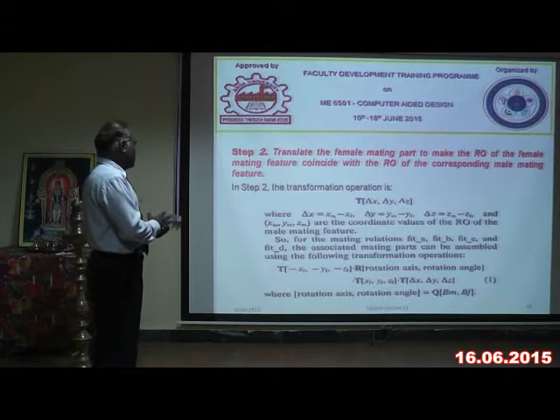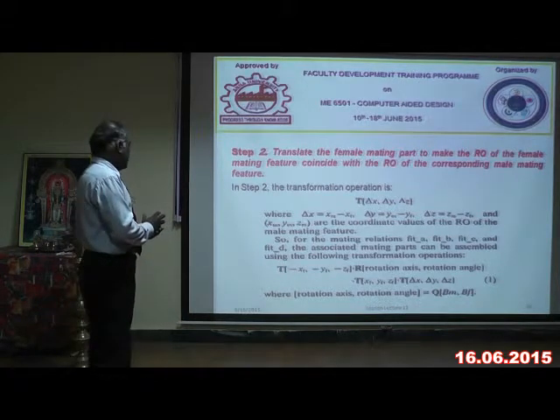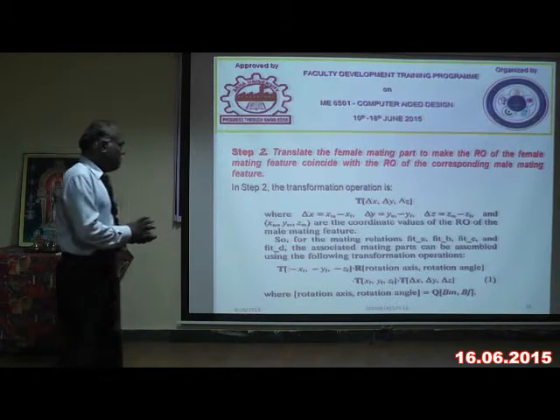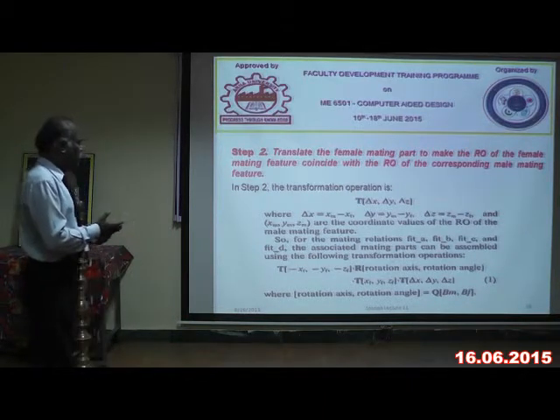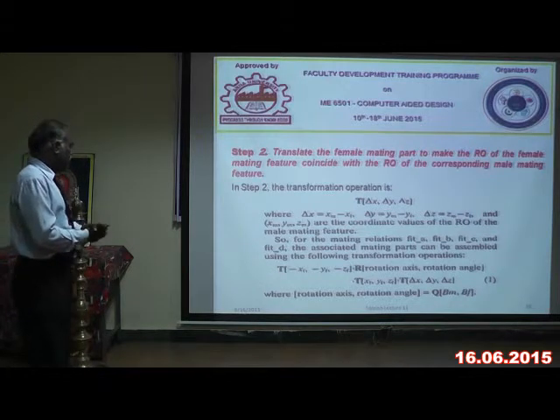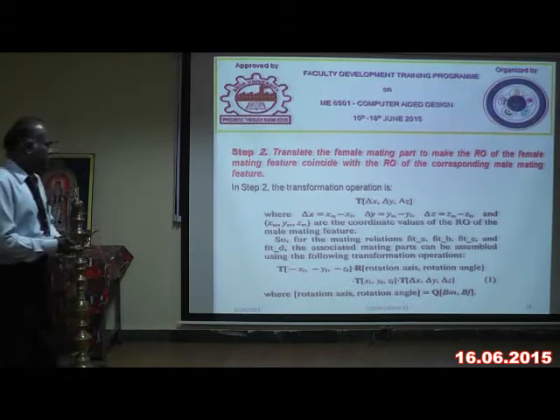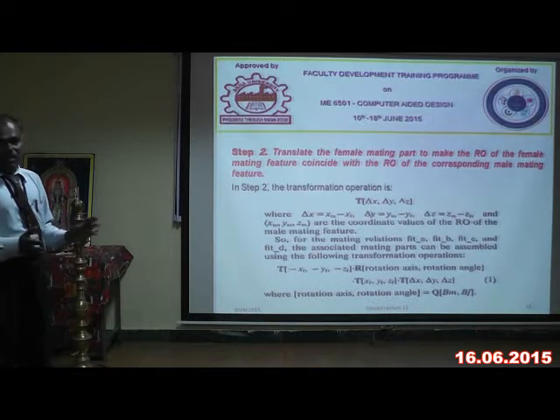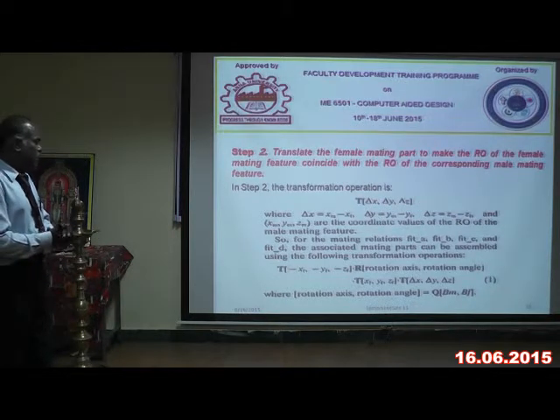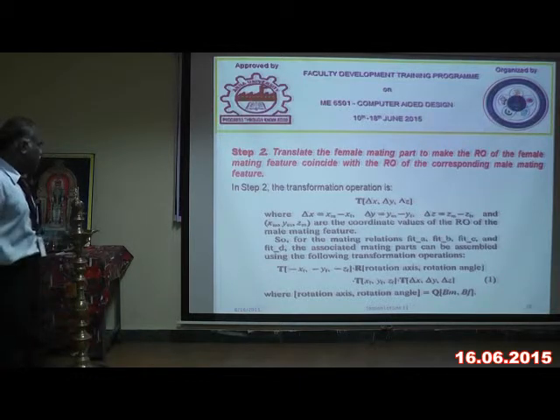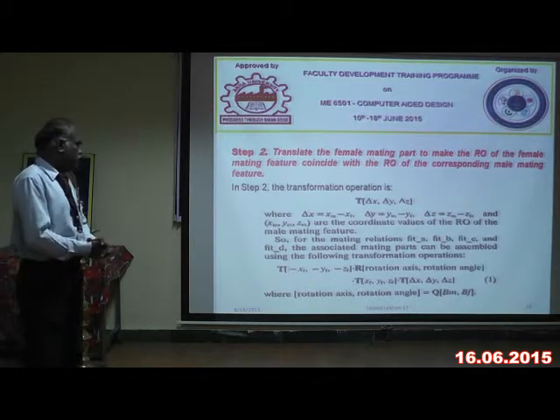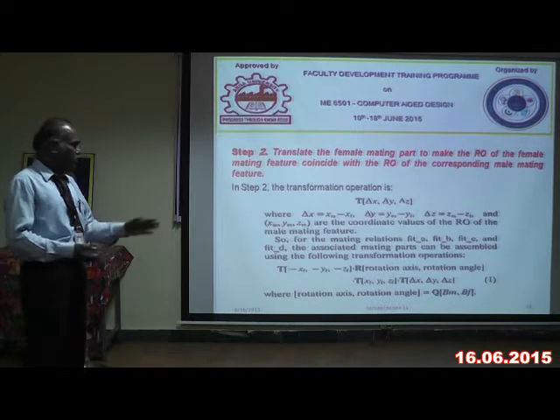x_m minus x_f, and x_m, y_m and z_m are the coordinate values of the reference origin of the male mating feature. So for the mating relation fit, that is mating fit A, B, C and D, the associated mating parts can be assembled using the following transformation operations. That is equation 1.